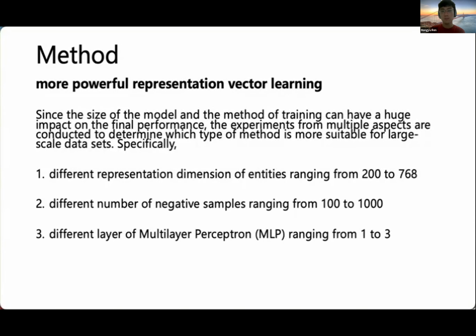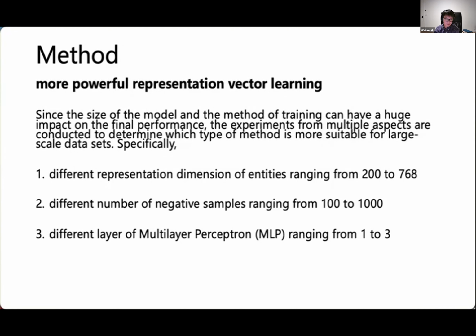I will show the details of the more powerful representation learning. Since the size of the model and the method of training can have a huge impact on the final performance, experiments from multiple aspects are conducted to determine which type of method is more suitable for large-scale datasets.